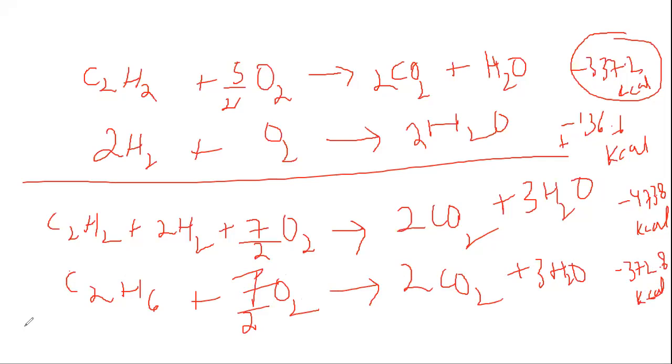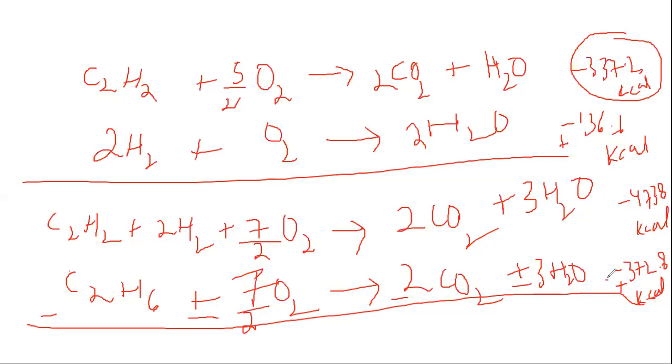So you have to subtract this equation. So the sign will be changed: minus, minus, minus, and here if I write minus, then minus minus will be equal to plus. So I am directly writing here plus.